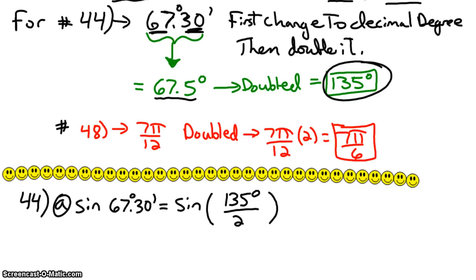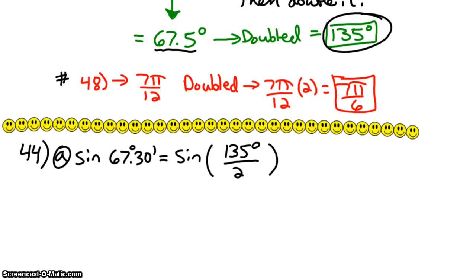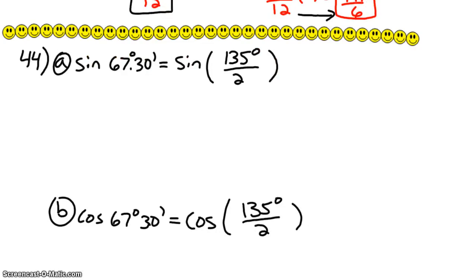Now for 48, I need to double a radian measure. Doubling this radian measure means my 12 becomes a 6. So let us begin. Let's look at a couple of these problems so you can do your problem set.